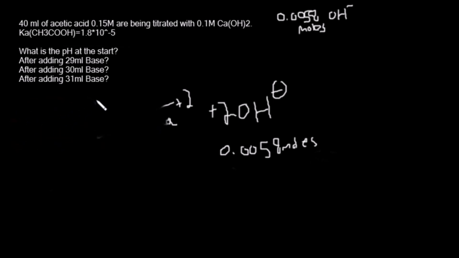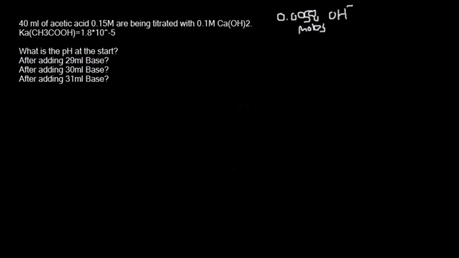Let's remove this and continue. So after we find the moles of the OH minus, we get back to our acid equation. So you're going to react the acid. This is the important part. You're going to react the acid not with the base.